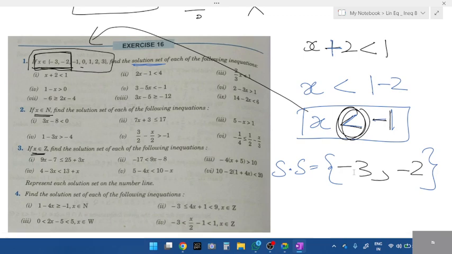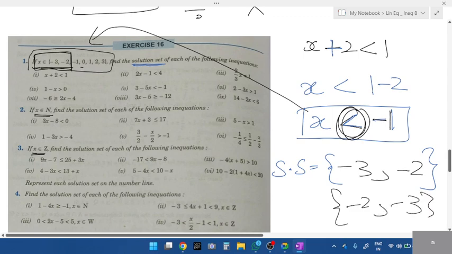Check the answer in the textbook, students. What is given? Is it given as -2, -3, or in this order? Consider -2, -3. Write the answer like this, student. Actually, the first one is right according to the number line. But anyways, somebody told me, is it like this, students?